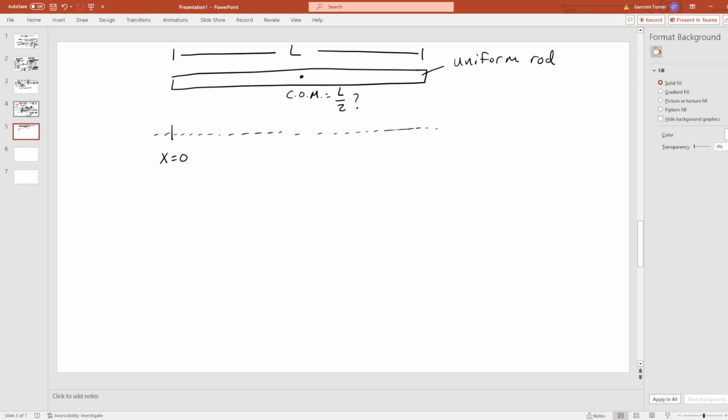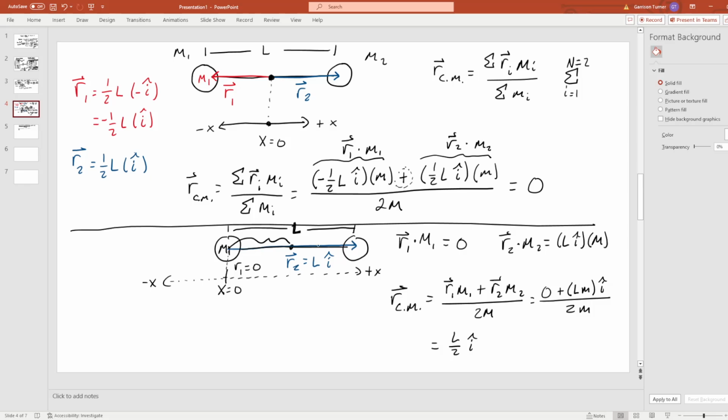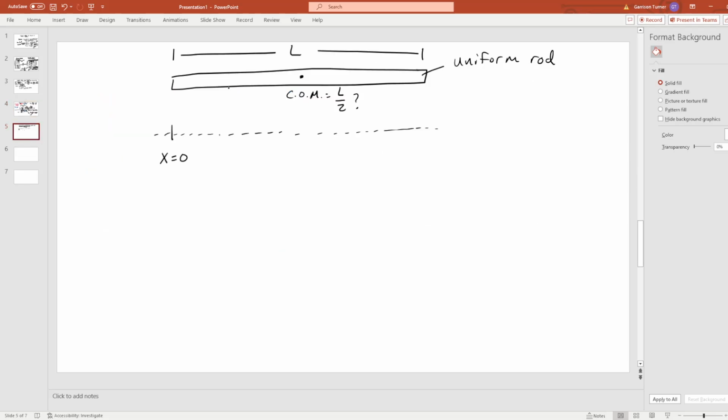Well, in the previous question, I had discrete pieces of mass, but here I have a continuous piece of mass. So what we do is we break up the mass into small little chunks. And we claim that each chunk has a mass dm and a width dx, since we're along the x-axis.